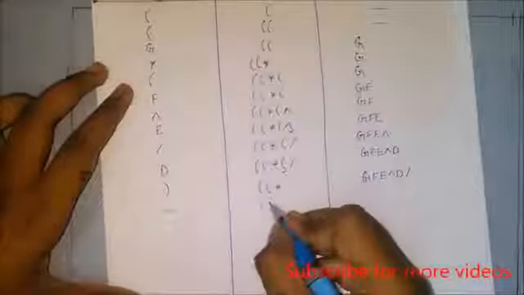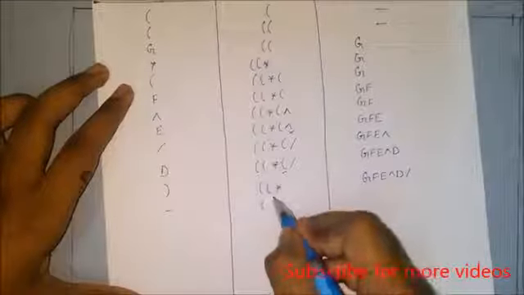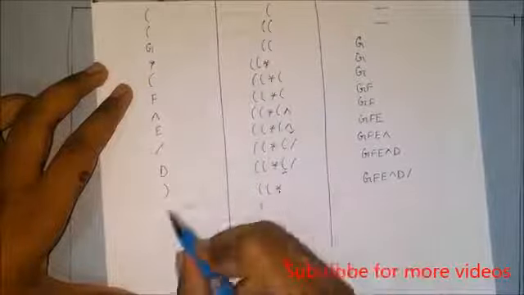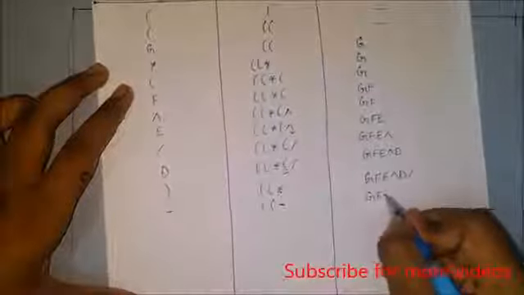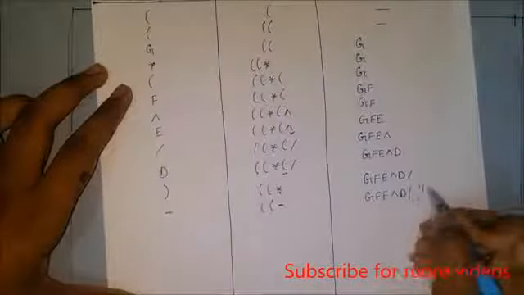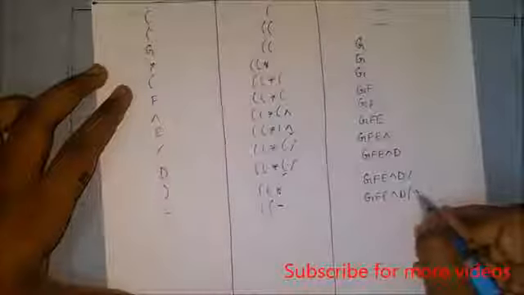Again, a minus operator. Here the multiplication operator has higher precedence than the minus operator, so the minus operator will be added and the multiplication operator will be popped out, the division and the multiplication operator.